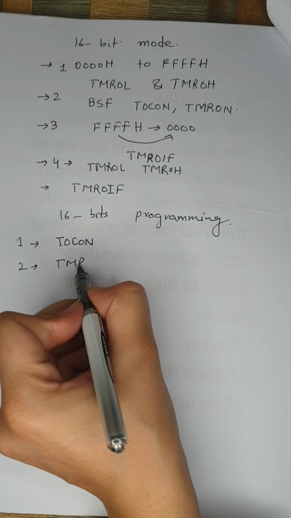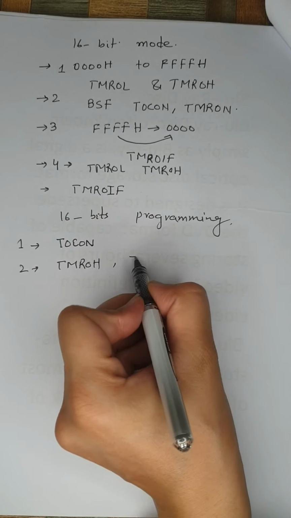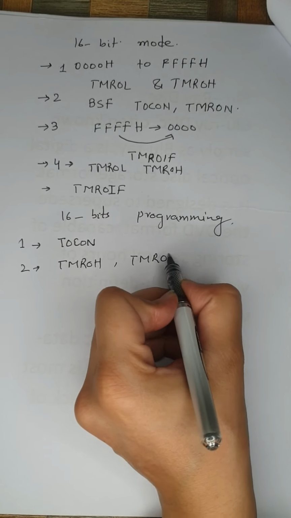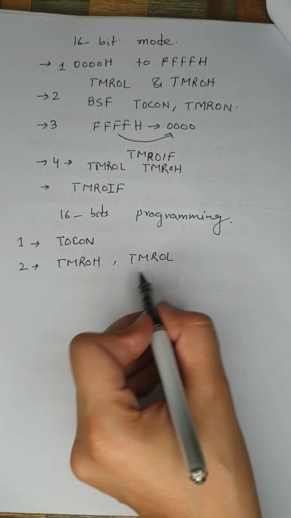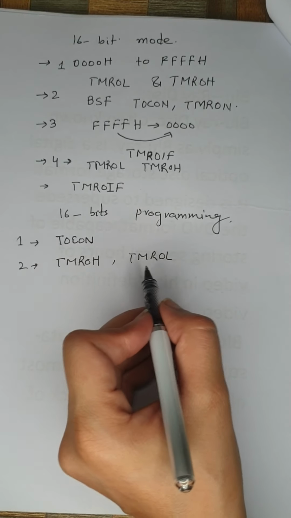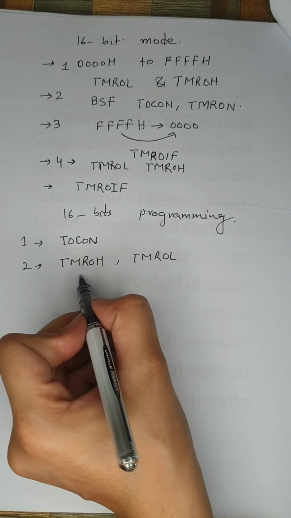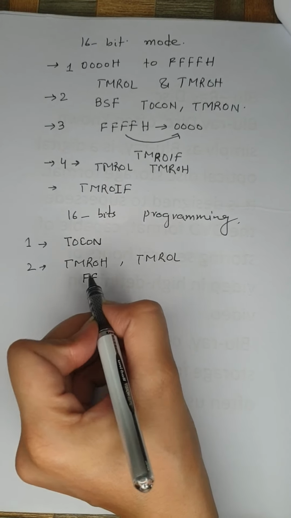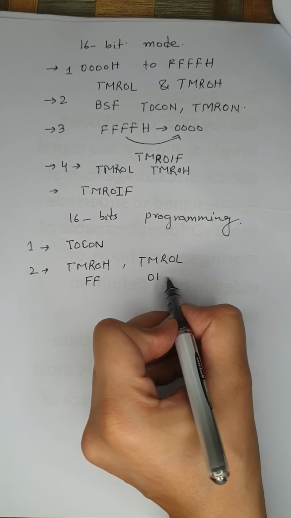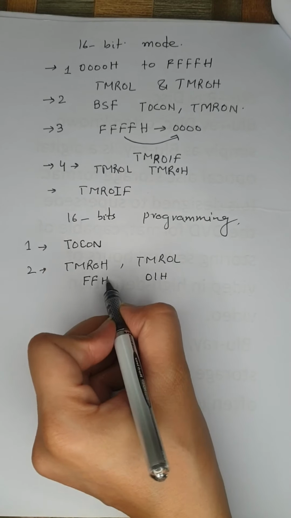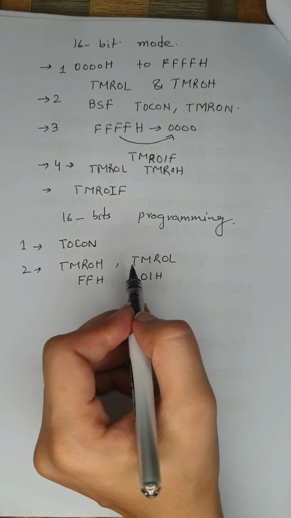So timer 0 higher byte and timer 0 lower byte should be loaded with the values from where we want to start our timer, or we can move FF hex or 01 hex into the timer lower and higher byte.